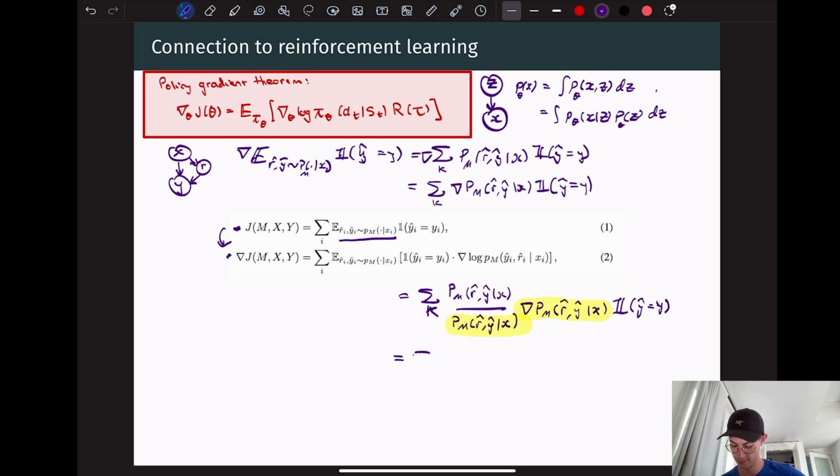So what we can do now is just rewrite this as multiplied by the gradient of the log of this object.